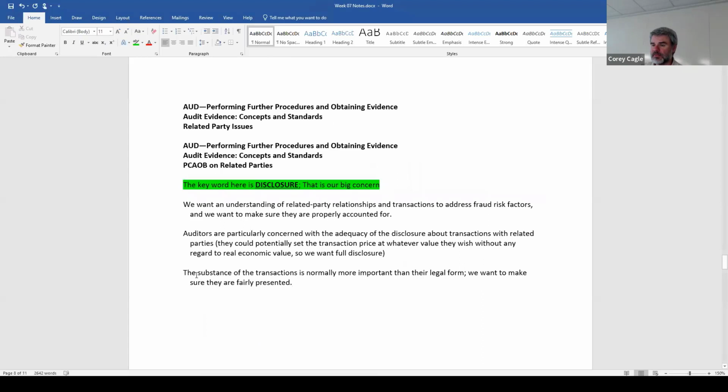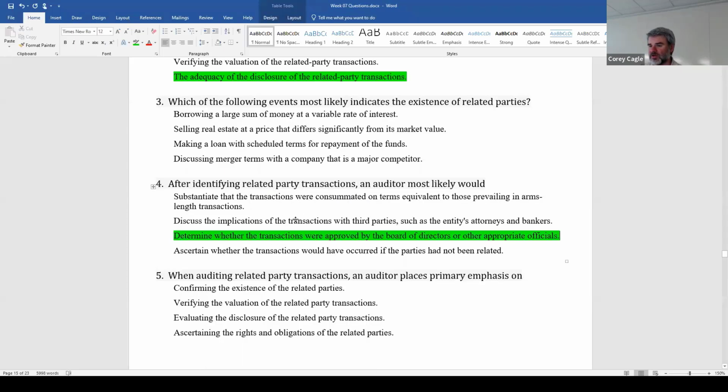But the substance of the transaction, you know, we're not really worried about the legal form of it. We just really want to make sure it's fairly presented. We don't care about all these other things. We don't care about arm's length, prevailing rates and things like that, and what would have happened if it hadn't been a related party. That doesn't matter to us as long as it's disclosed.